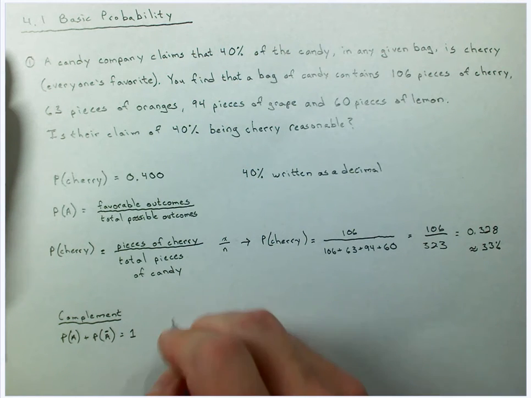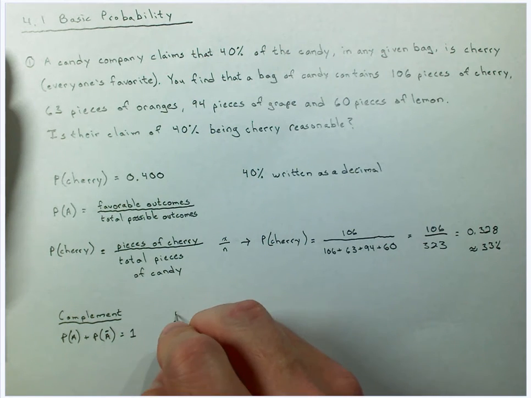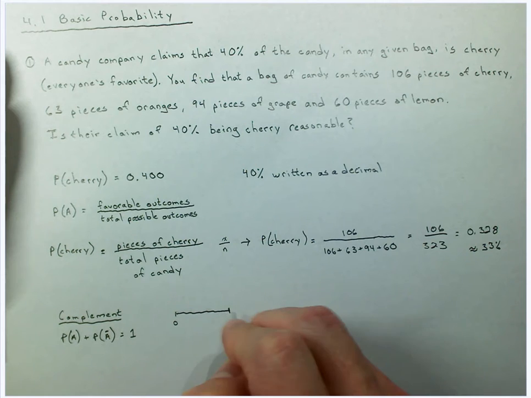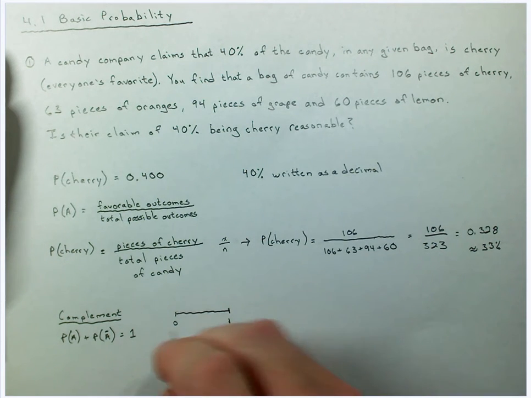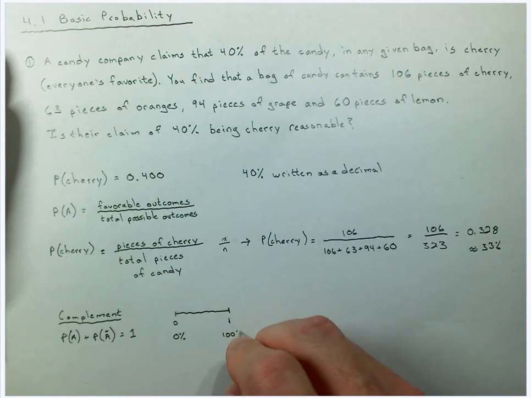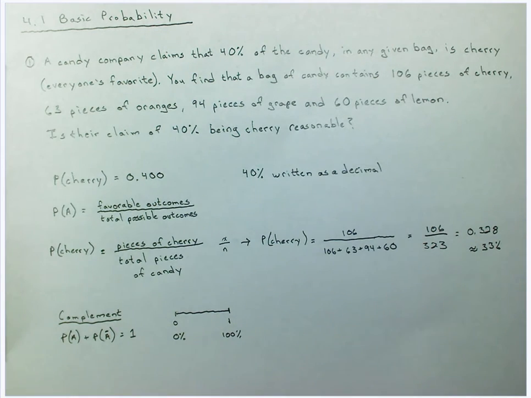Because what we know in probability is that our probability ranges from 0 to 1 as a decimal, 0% to 100%. So whenever you read something and they act like it's statistically calculated and it's over 100% or less than 0%, that's really not true. Our probabilities range from 0 to 1 or 0% to 100%.